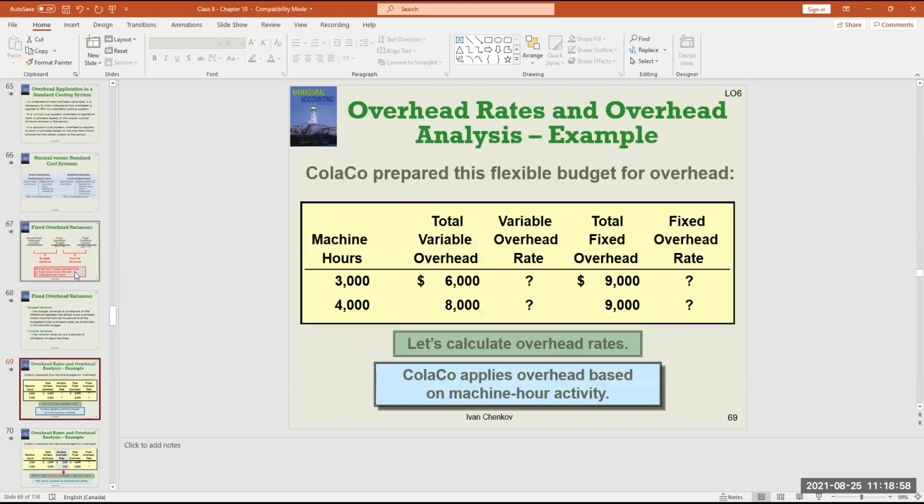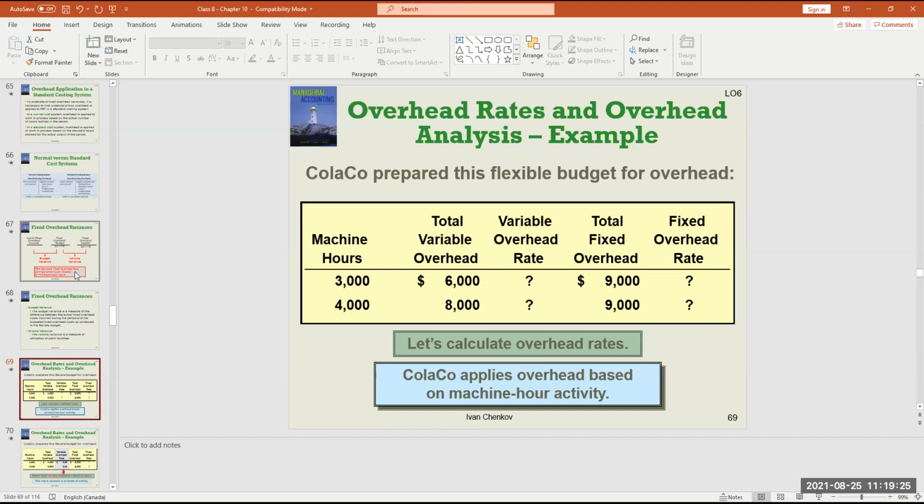Let's do something simple. Here, we're going to have two levels of activity. One for 3,000 hours, the other one for 4,000 hours. Again, we split the overhead into two portions. One will be the variable overhead, the other one will be fixed overhead. As we already know, the variable overhead is based on the machine hours.